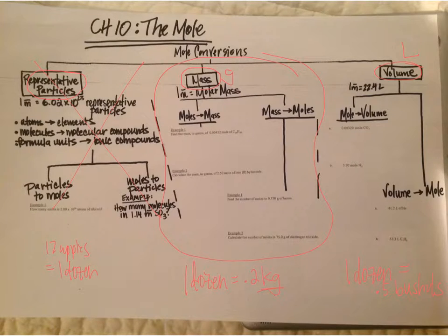So you have 3 ways that you can measure. You can measure by count, by mass, and by volume. So we have already talked about count, that is the representative particles. Now let's talk about mass.